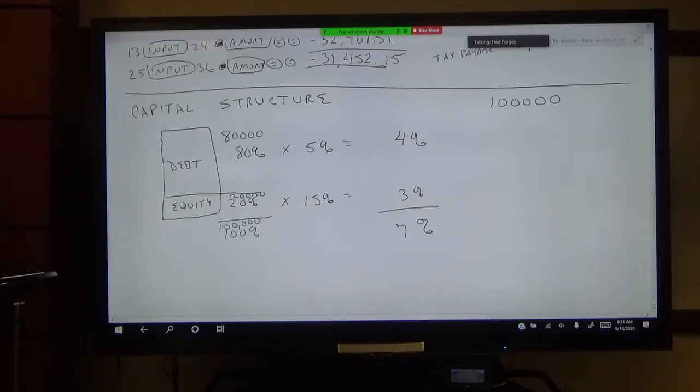Well, another way to look at this is if you actually take the dollar amount and multiply it by the percentages. So you take $80,000 times 5%. Your cost of debt on an annual basis would be $4,000.